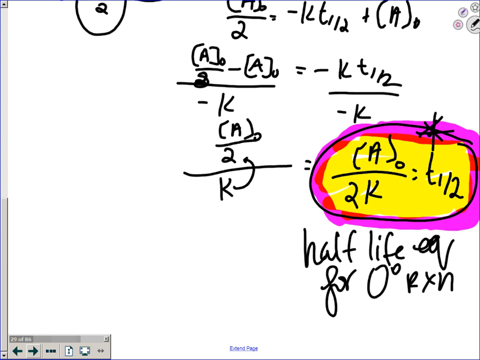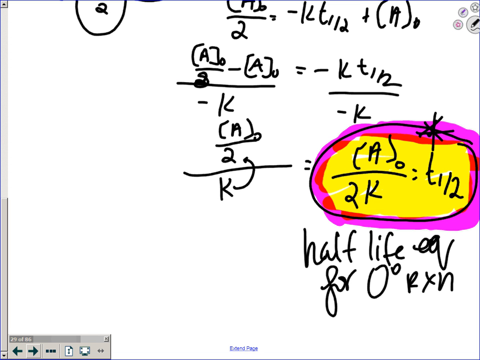All right, so I want you to go back and look at the 3 half-life equations. You are memorizing those 3 half-life equations. If you have a reference table nearby, pull it out. Look on the lower left corner. Do you see the kinetics equations down there?